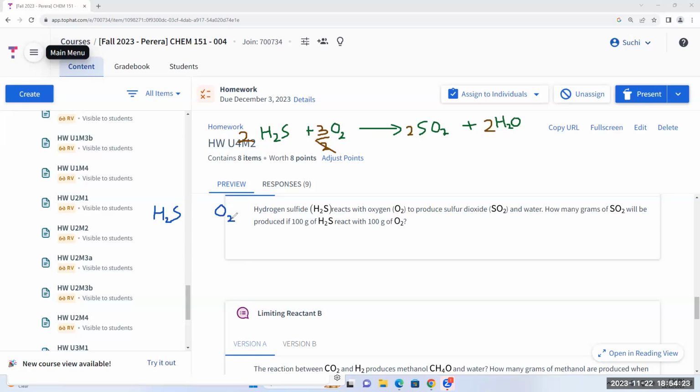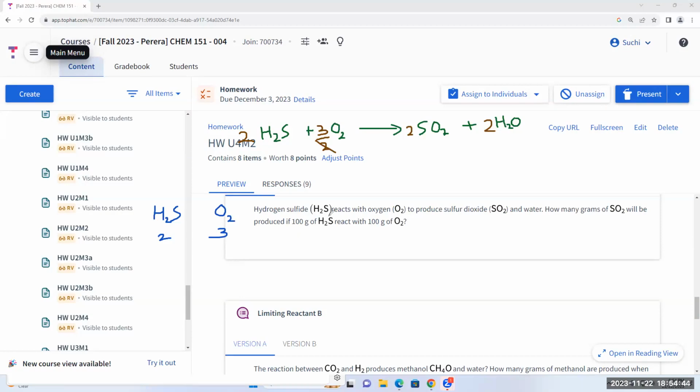To react with 2 moles of H2S, I'm going to need 3 moles of oxygen. This is what the balanced chemical reaction tells us. But now what I want to do is know how many H2S moles we have and how many oxygen moles we have.